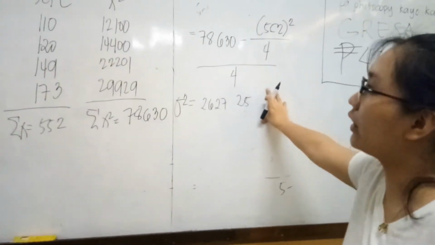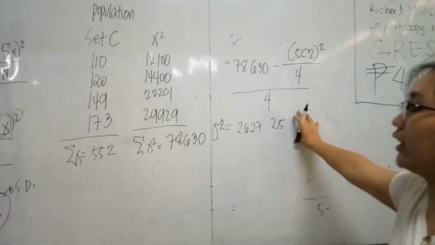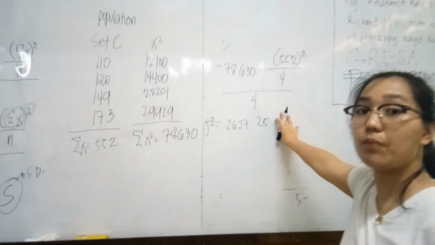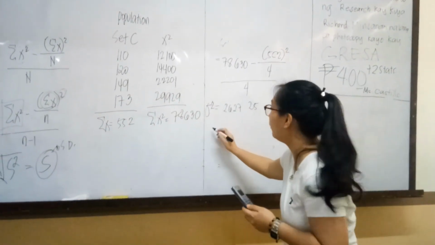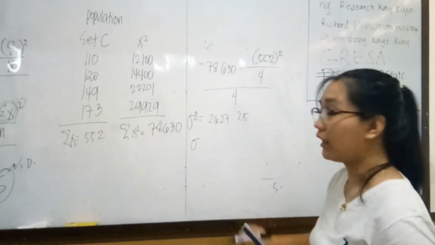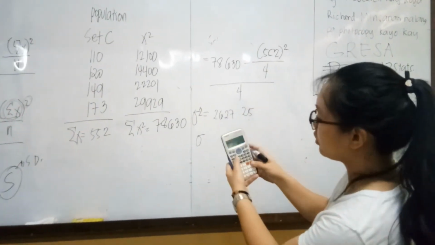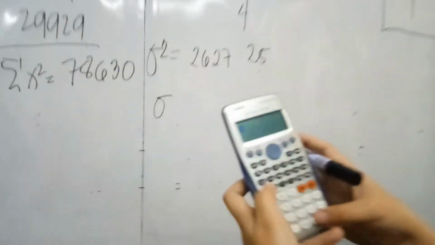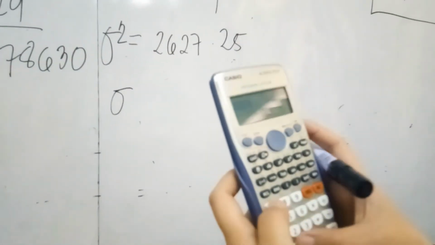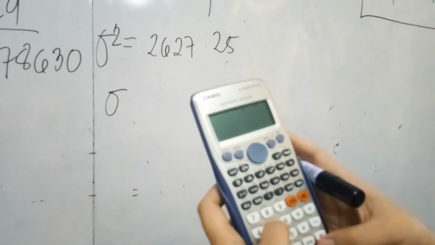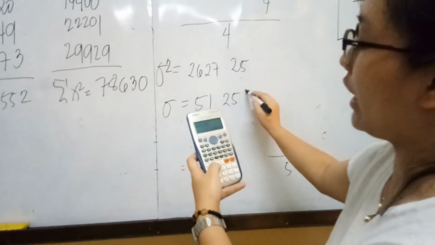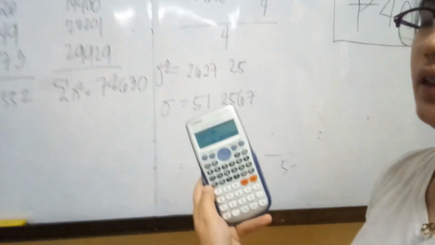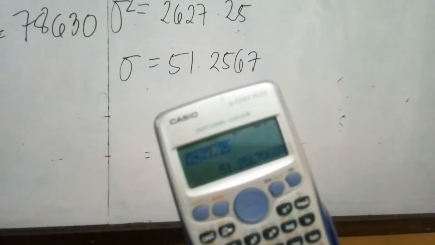So, this is our what? Population variance. So, how will we get our population standard deviation? This will be sigma squared. All we have to do is take the sigma. Okay? Or take the square root. Just take the square root of that. Square root of 2627.25. The answer is 51.2567. Okay? 4 decimal values.